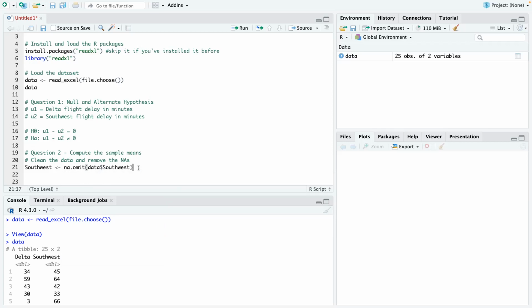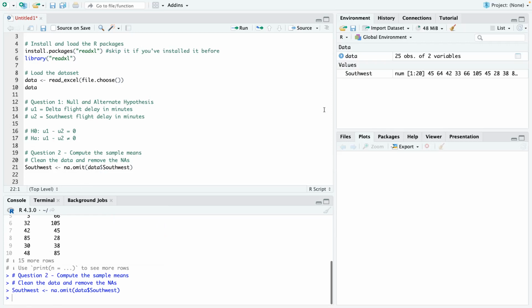If I run this, in our values area on the global environment, you can see that instead of 25 observations for Southwest, we now have 20, because we've removed the 5 observations that did not have any values. So please take note of that.